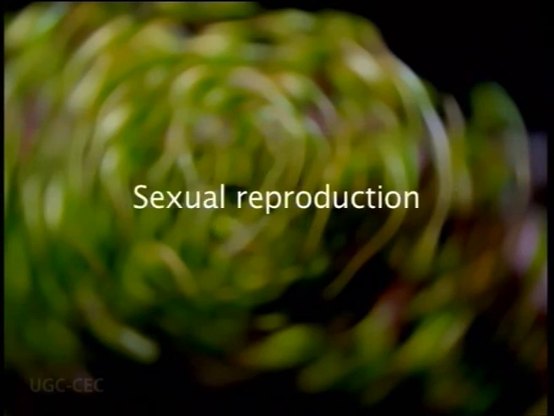As far as sexual reproduction is concerned, Funaria is monoecious, that is, male and female reproductive structures develop on different branches of the same plant. That is autoecious. Funaria is protandrous, which ensures cross-fertilization. The female branches usually grow more vigorously and become longer than the male branches.